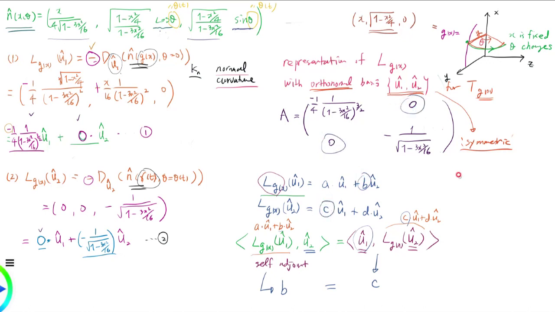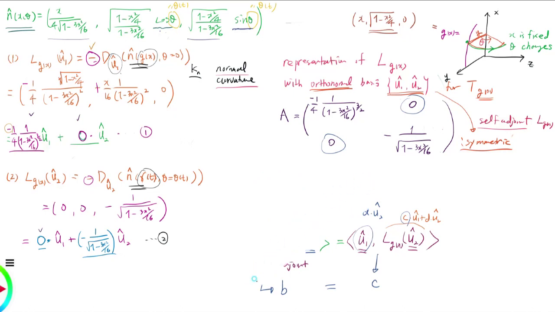That means this should be symmetric. So all this property comes from orthogonal basis and self-adjoint property of this shape operator L. Okay, so this gives us a good matrix representation.